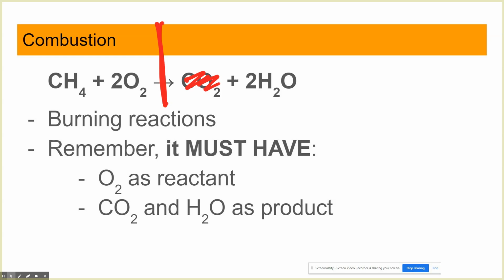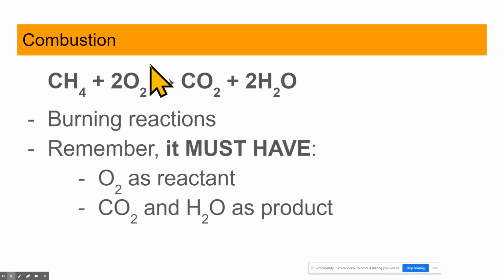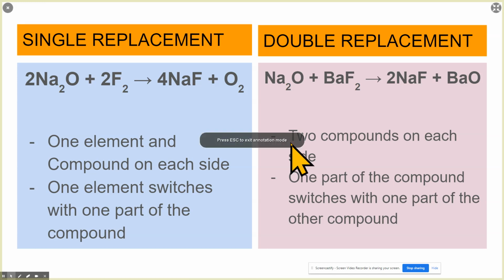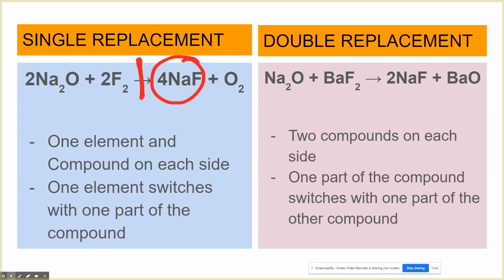So what if it's not CO2 and H2O after the arrow? After the arrow, you have something else. Before the arrow, there's no O2. So for example, let's look at this one on the left. If you divide it on the arrow, there's two compounds before and then two compounds after.